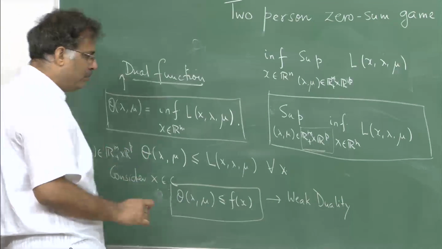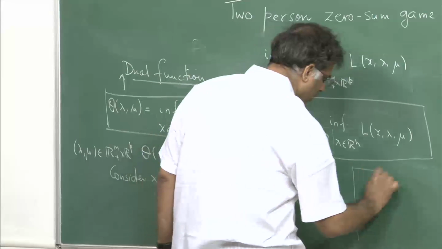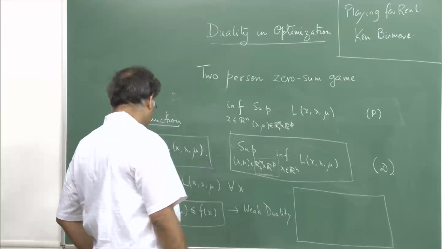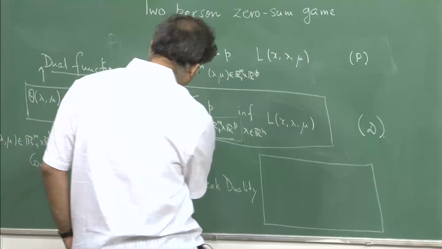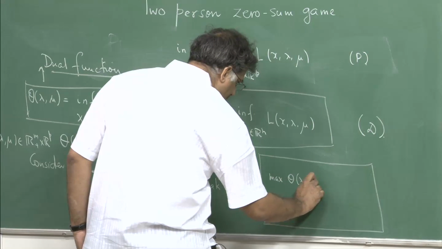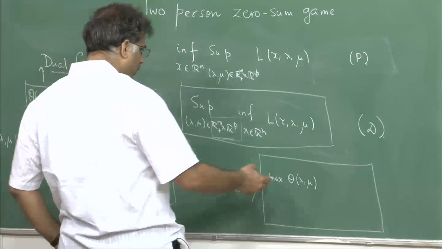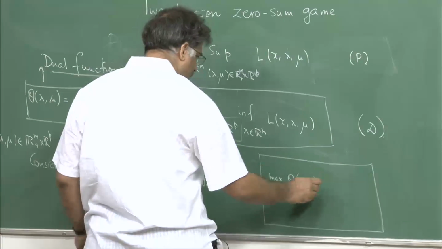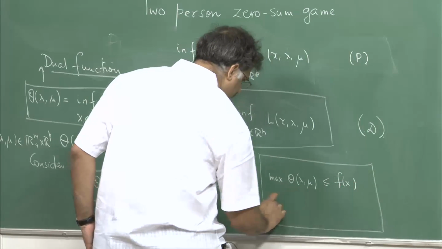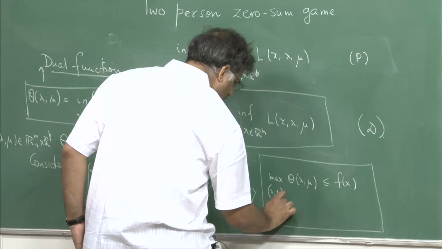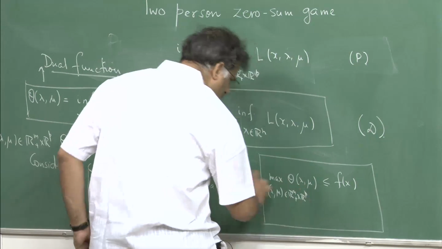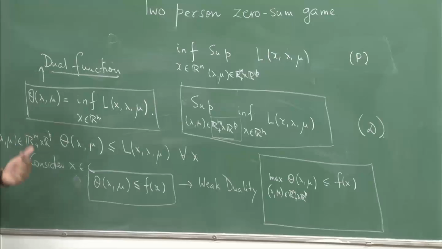Now, this can be posed in a better way. What does it tell you is the maximum of theta lambda mu. So, if this is holding for theta lambda mu for every lambda mu, if I fix the x, then this whole thing would be less than or equal to f x for a fixed x, where lambda mu belongs to the dual feasible set.